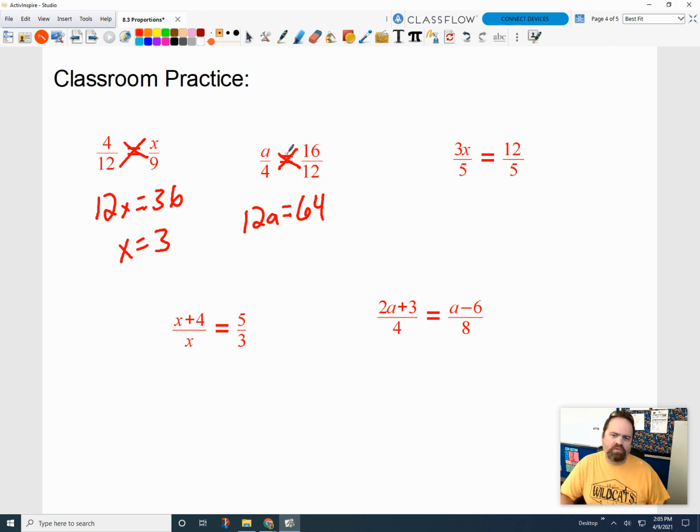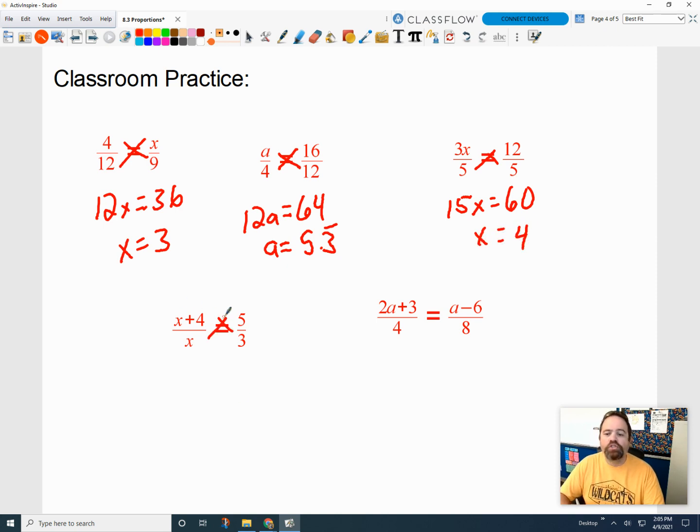Is that right? 4 times, yeah. So a is, that's a decimal. It's throwing me off. 64 divided by 12, 5.3. Again, cross multiply here. That's 15x equals 60. Divide by 15, x is 4.